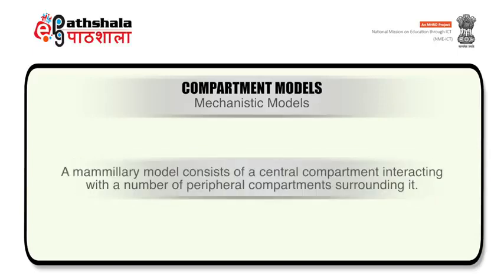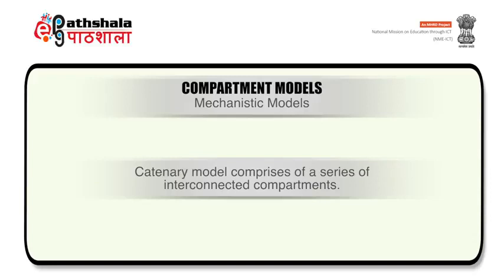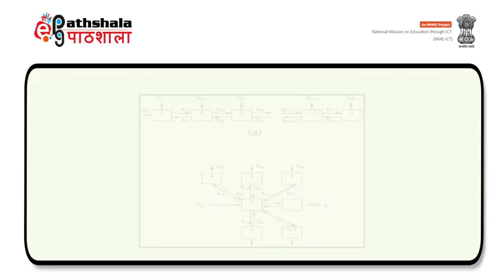Mechanistic models are classified as mammillary and catenary compartment models, and the mammillary model is composed of a central compartment, like plasma and highly perfused tissue, surrounded and connected by peripheral compartments. We have seen the classification of central and peripheral compartments in the case of the two compartment model as well. While the catenary model consists of interconnected compartments as shown in the figure.